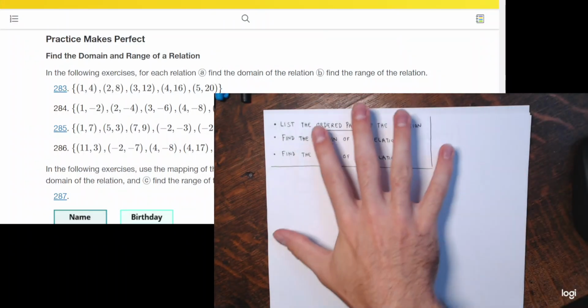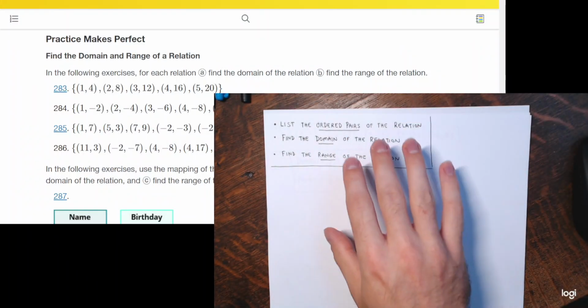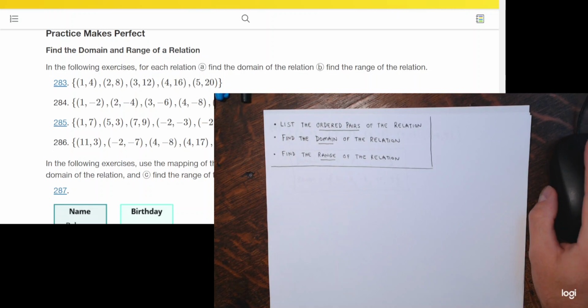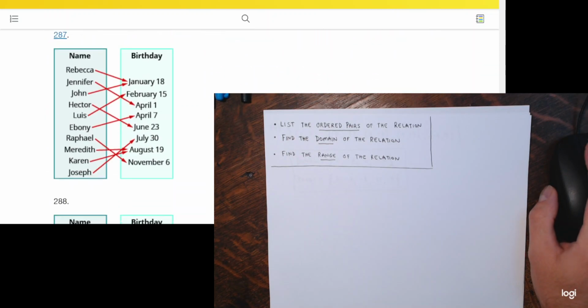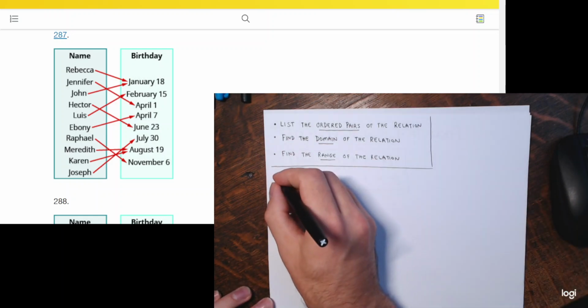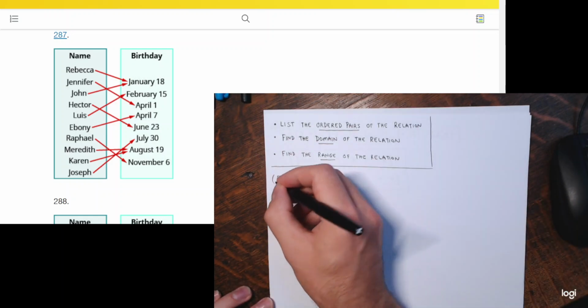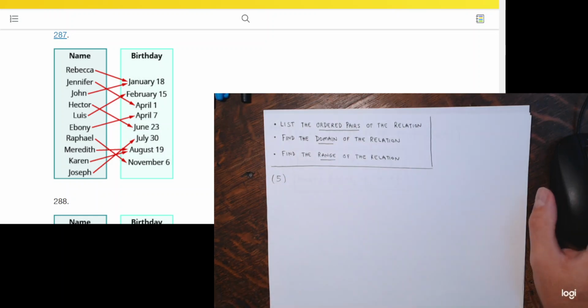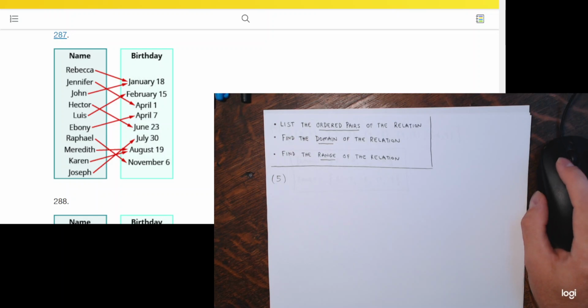Right, so hopefully you can see my paper in the lower right corner now, right? And I've got the next exercise is 287. This is going to be example 5, right? Example 5, number 287. And like I said, here we're given a mapping where we have a relationship between the name of a person and their birth date, right?